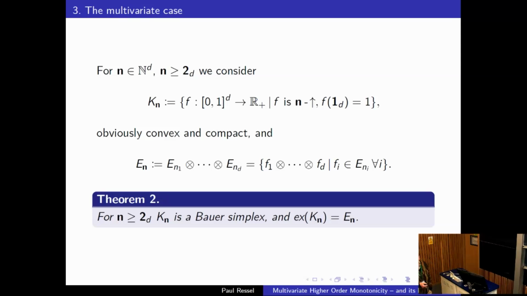Here I do not mean the vector space generated, as one often uses this notation as an abbreviation, but just the set of tensor products, the set of f_1 tensor and so on. And this second theorem says that for n at least 2 in each component, K_n is also a Bauer simplex. And the extreme points are just these tensor products of the one-dimensional ones. The result is very easily stated, as you see, it's a one-liner, but even in the printed version the proof is about 7 pages. So it's quite hard to prove that.